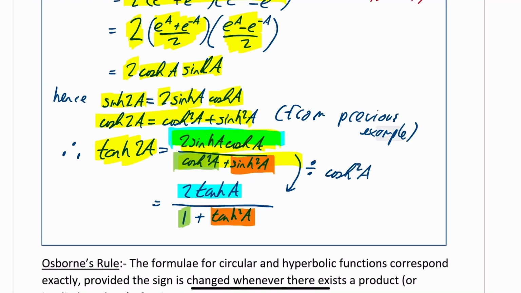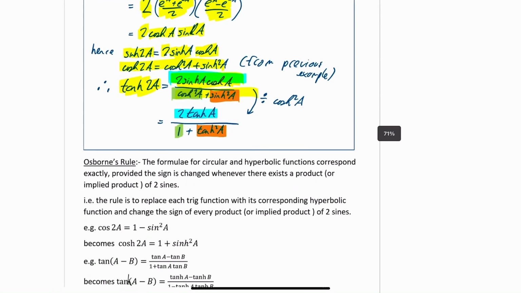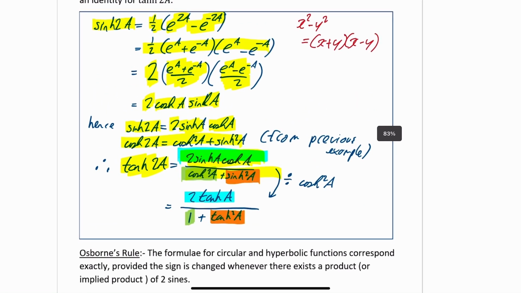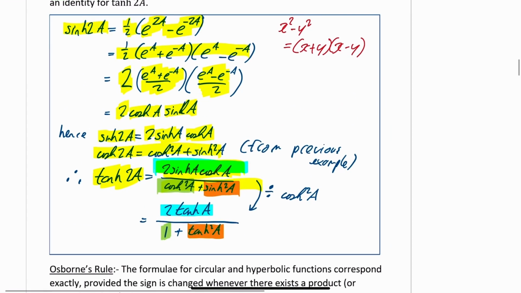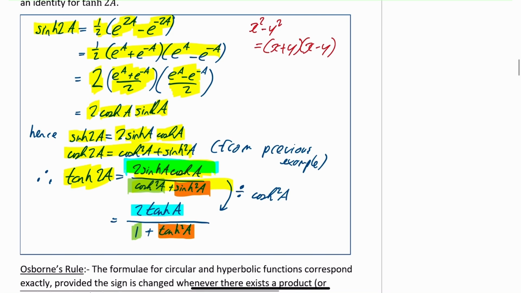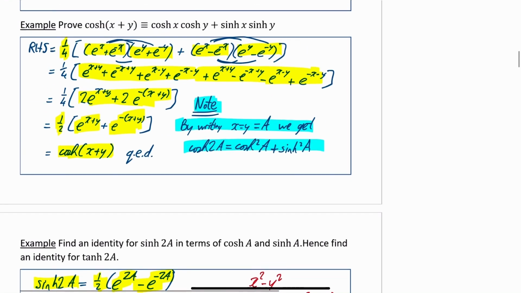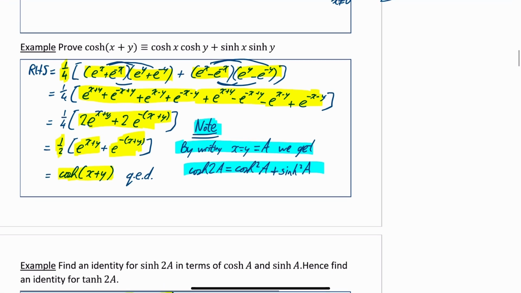So, right, let's have a look at these things and let's see if we can arrive at what's called the Osborne's rule, which is coming up. Now, let's compare these to their trig functions. We'll look at this double angle one here.